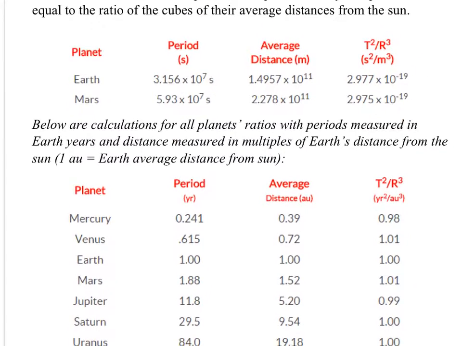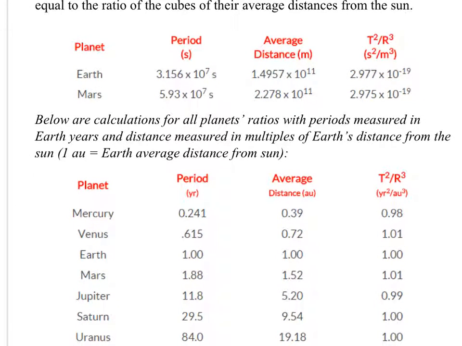Above, it's measured in seconds and meters. Either way, if you take the time period squared over the average distance cubed, you're going to get a constant for all planets. Okay, and I'm going to prove this in a minute to show you why it comes about. It comes about from Newton's law of gravity, again, as all things here come from. But the idea here is that this value is constant the entire way through.